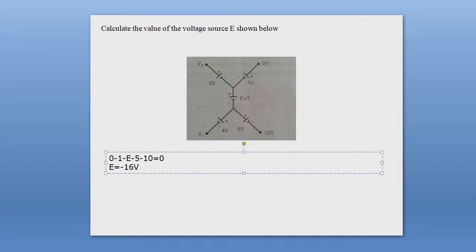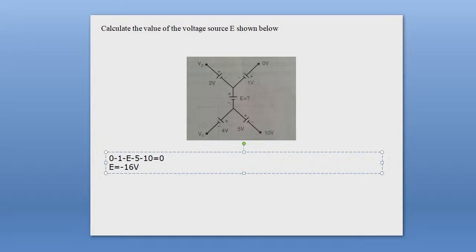I have already sent you the PDF for KVL and KCL, and in that PDF you see there is a subtopic: determination of sign, source supply voltage or voltage drop across elements for a given circuit. If you use that concept, then you can easily write this.